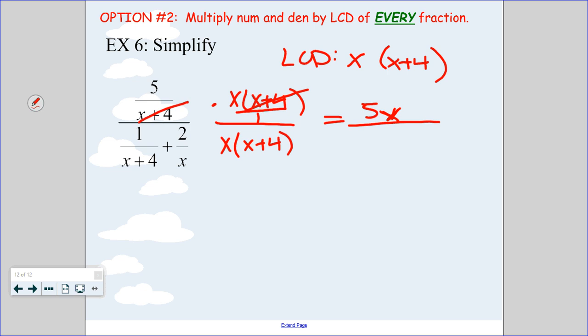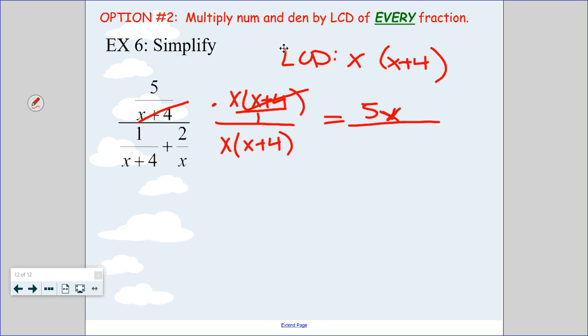Now the denominator. We have 1 over x plus 4, and we're going to be multiplying by x times x plus 4, so this has to distribute to both terms. What is going to happen there? For just that part, the x plus 4 cancels, and I'm left with just an x. Then we have plus 2 over x times x times x plus 4.